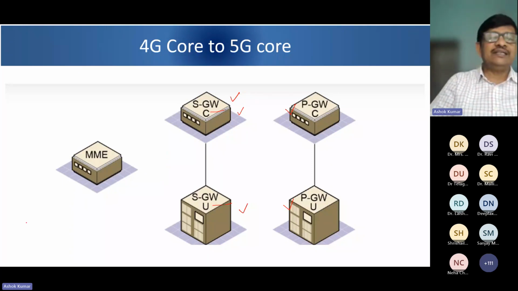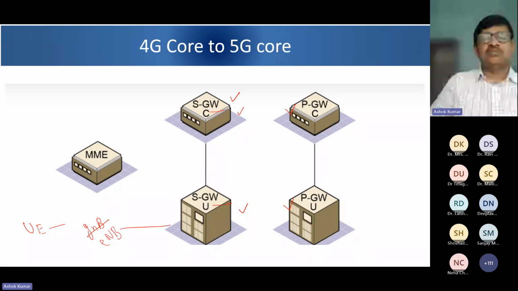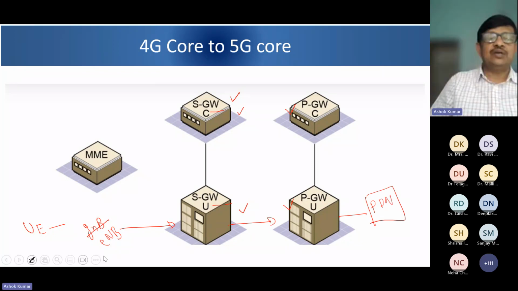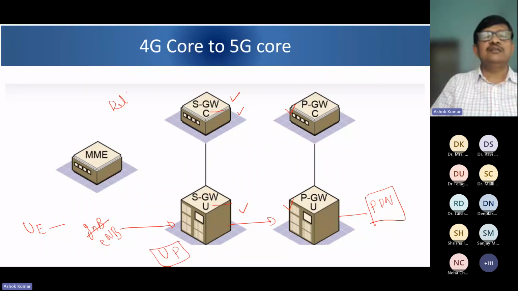Now the data will flow from user equipment to E node B, then to the serving gateway, to the PDN gateway, and then it will connect to any of the packet data networks. So this becomes a completely segregated user plane even in 4G if you follow the release 14 CUPS architecture.